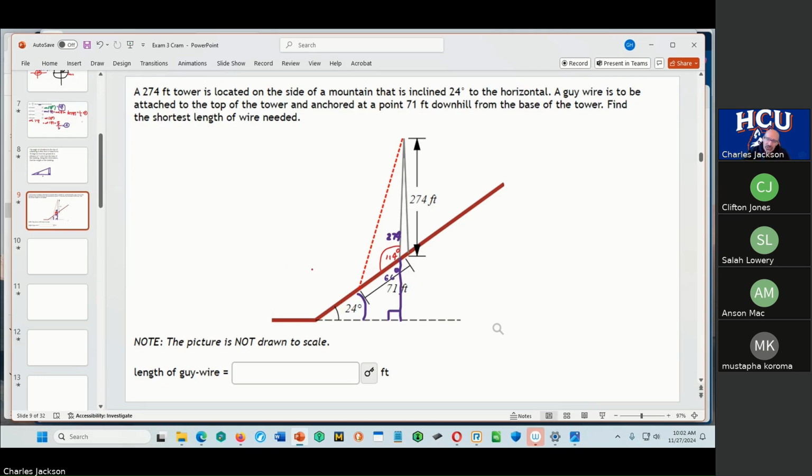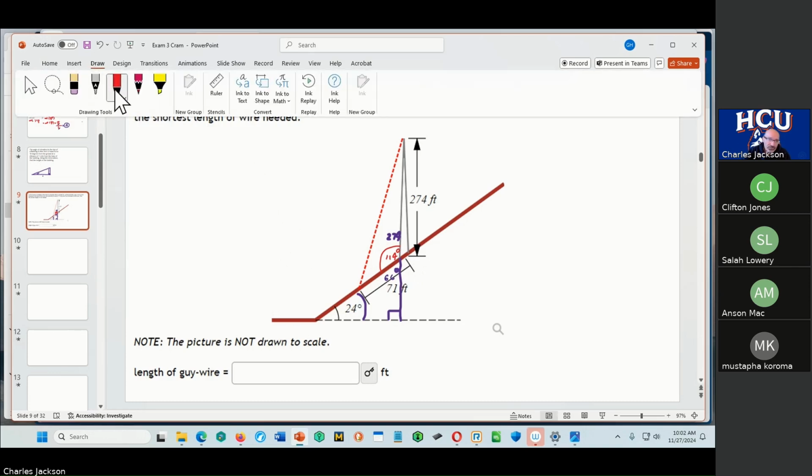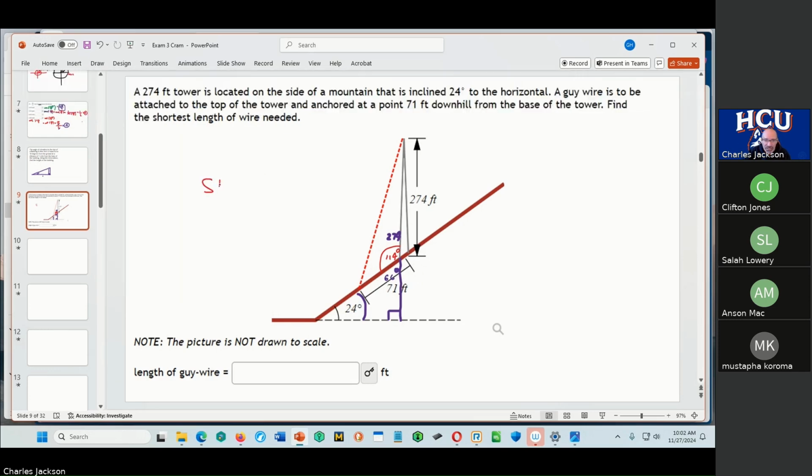So we've got an SAS. Two sides are known and the included angle. Now, this is not a law of sines problem, because for the law of sines, you have to have a known angle and the known length of the side opposite that angle, or you have to be able to get it.